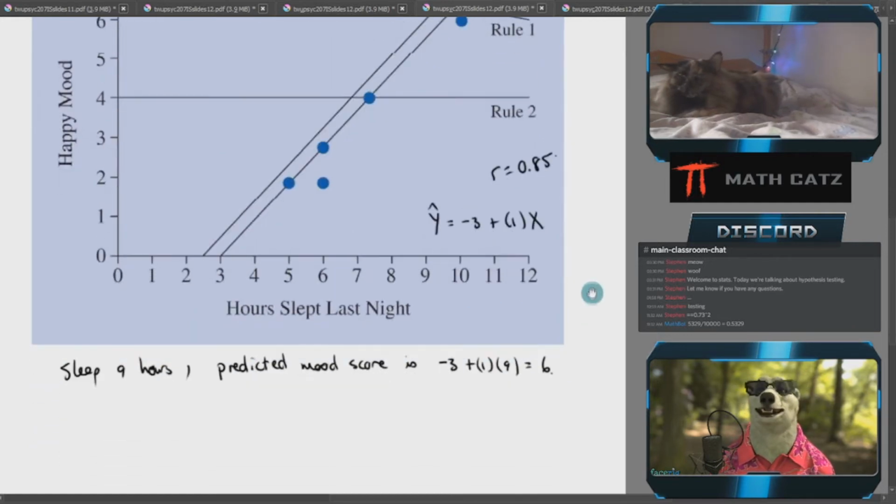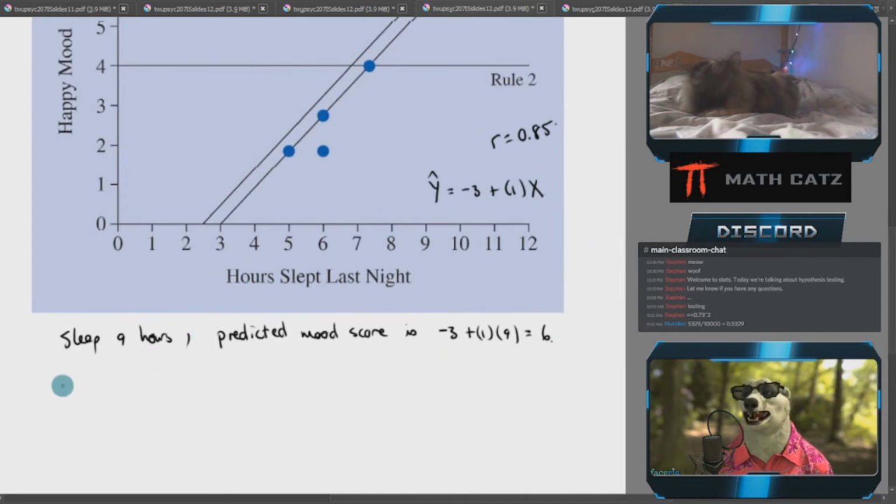The 0.85 here, we can briefly talk about that, the correlation coefficient. How I can interpret that, I can square that as we did in the previous video on correlation.